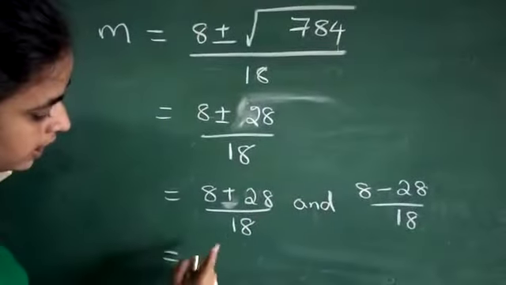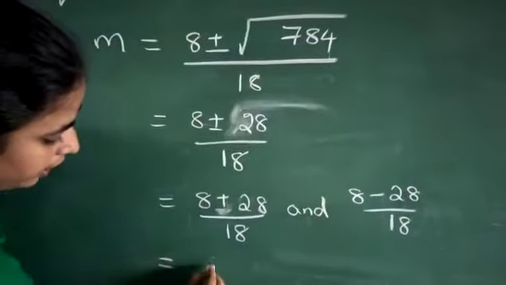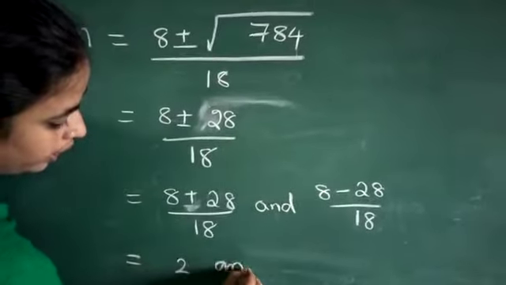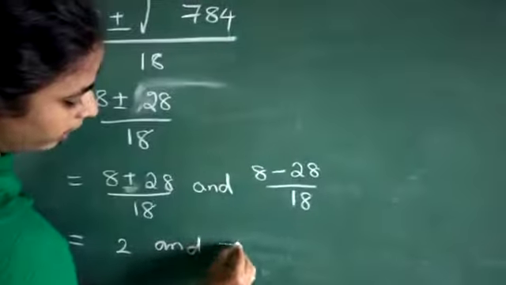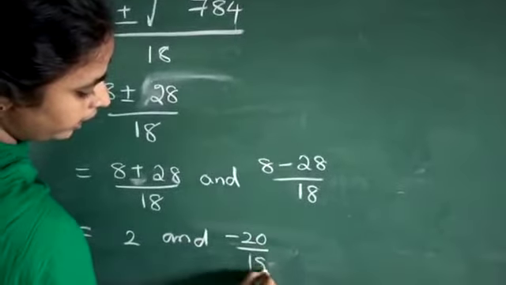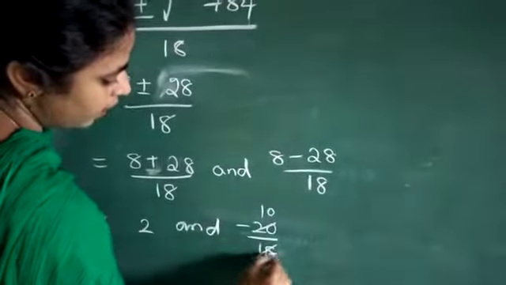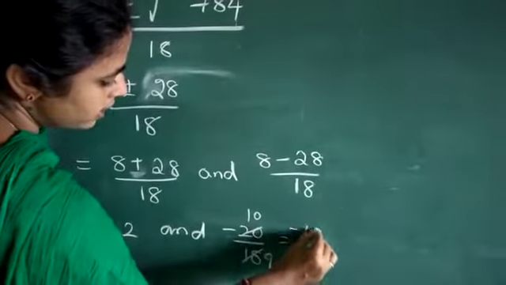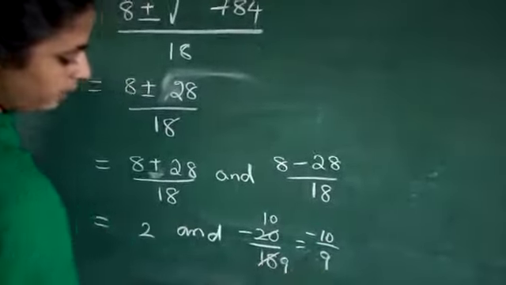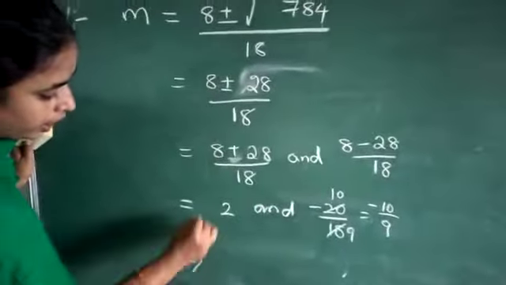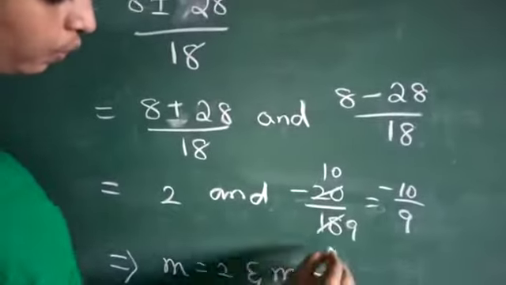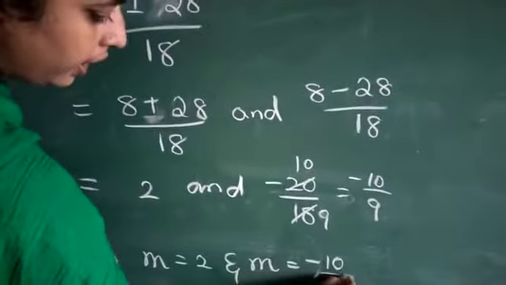Plus will be 36, 36 by 18 will be 2, and minus will be minus 20, 20 by 18, minus 20 by 18, 2 tens, 2 nines, that is minus 10 by 9. Therefore m is equal to 2 and m is equal to minus 10 by 9.